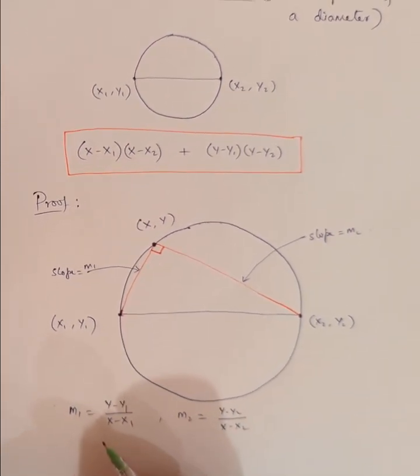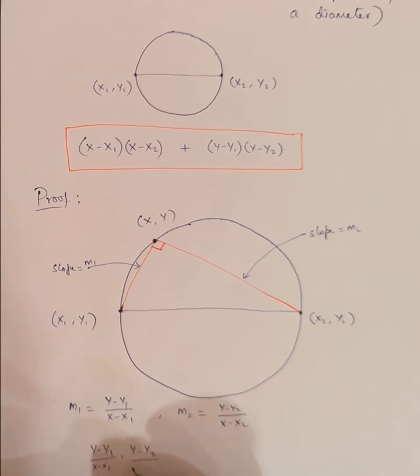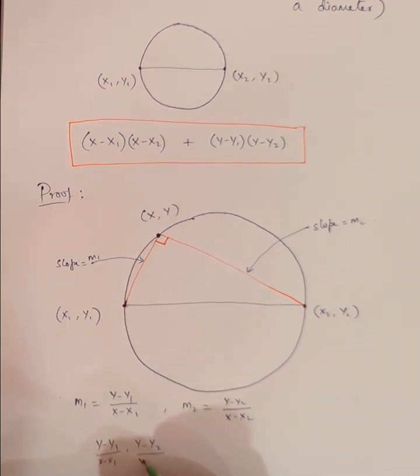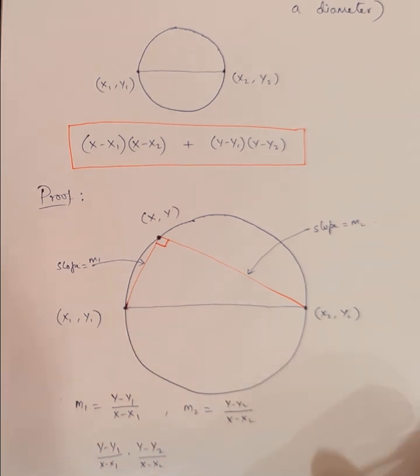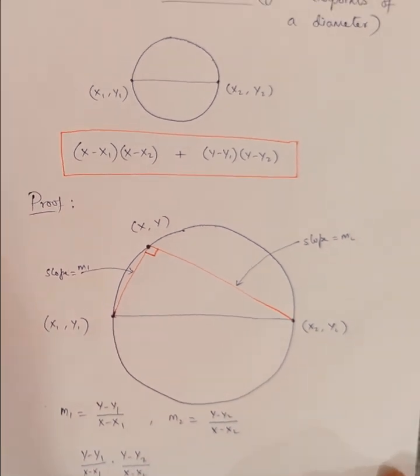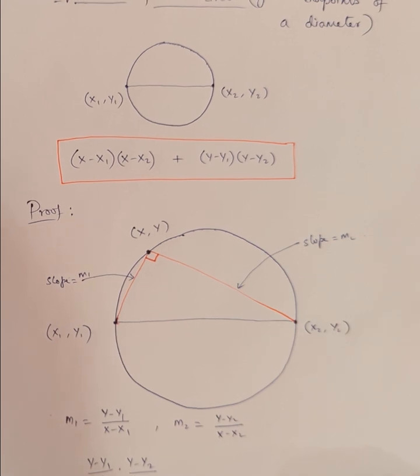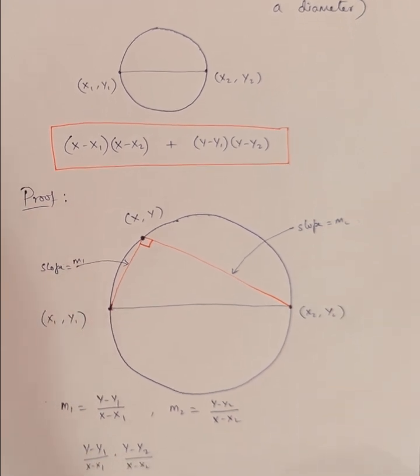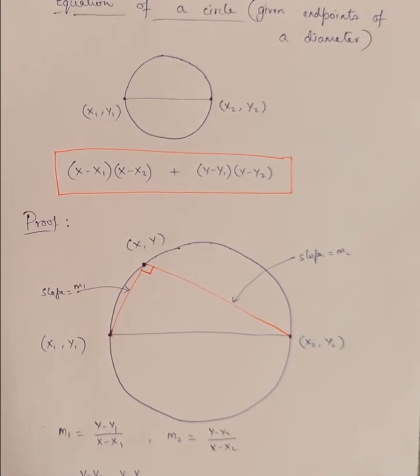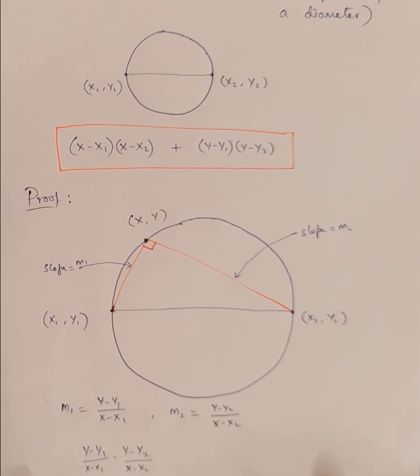So in that case, I can write down (y minus y1) over (x minus x1) times (y minus y2) over (x minus x2) is equal to -1.